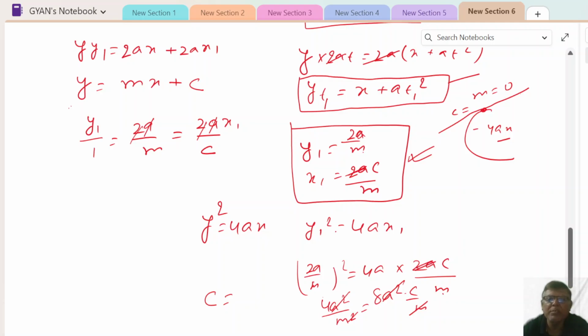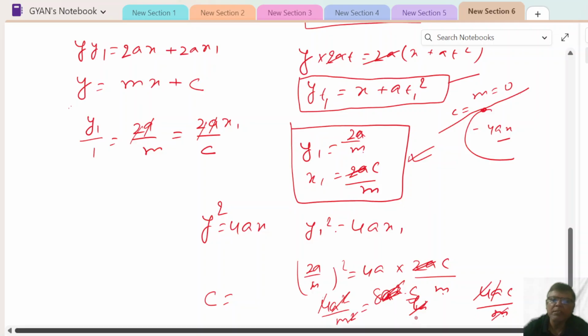So here c by m, then 4a, this is 4a c by m. So 4 gets cancelled, a gets cancelled, then c and m get cancelled. Then c will be a by m.